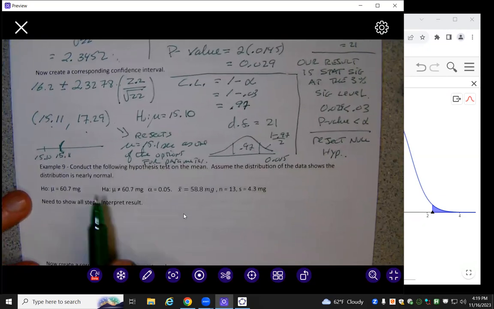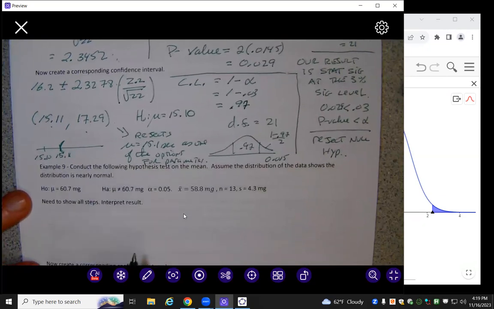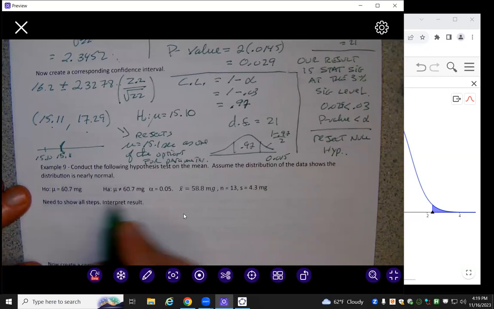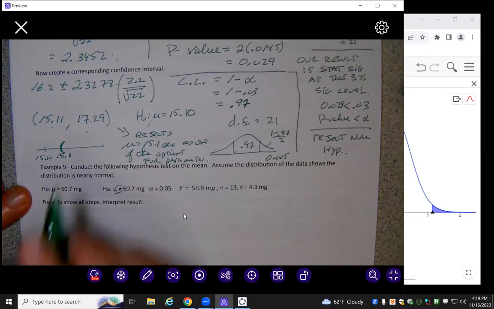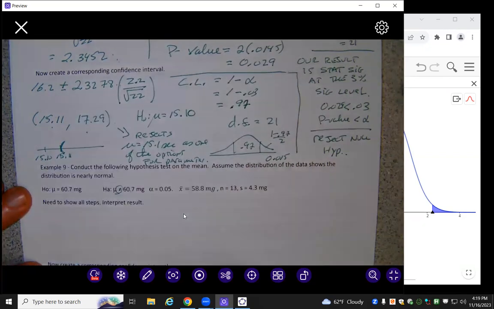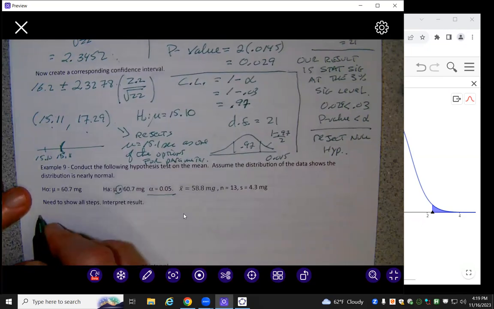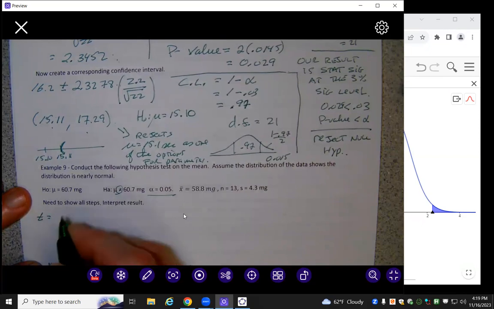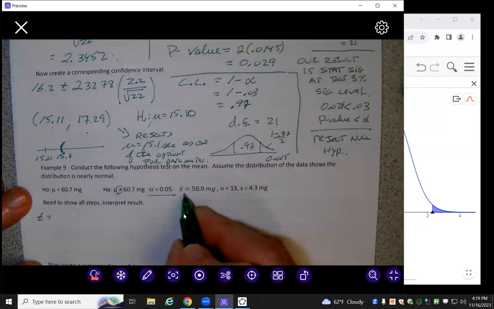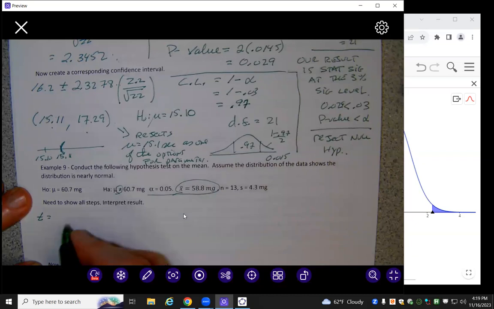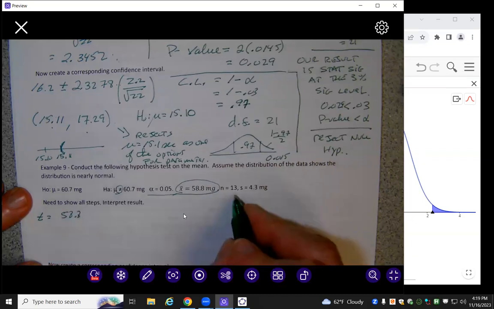So I'm going to construct again this first hypothesis test. Everything is laid out. Again, notice it is a two-sided test, just like the other one was. This time I'm doing a 5% significance level. So let's find the t. My average is 58.8 milligrams from a sample size of 13.